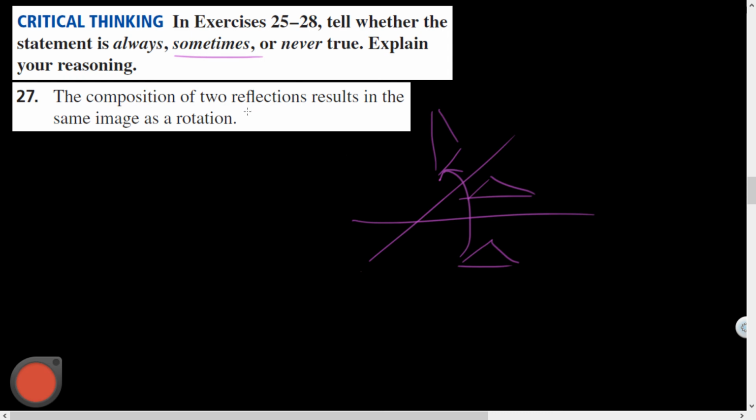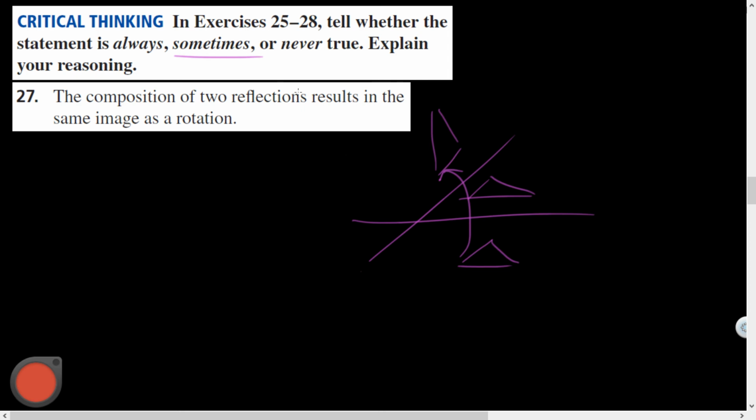The composition of two reflections results in the same image as a rotation. The book's counterexample is reflecting in the line y equals x, and then y equals x again, which is not a rotation. That would map it back onto itself, which I would have considered to be a 0-degree rotation.